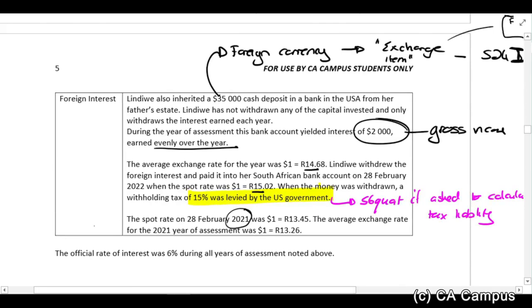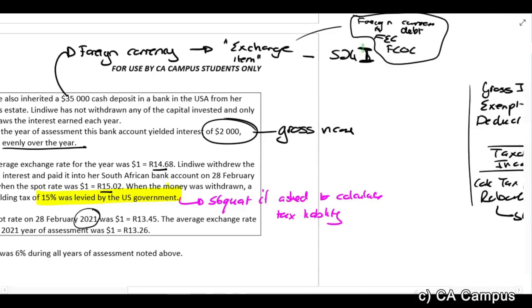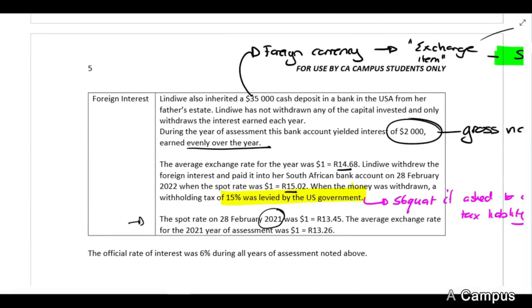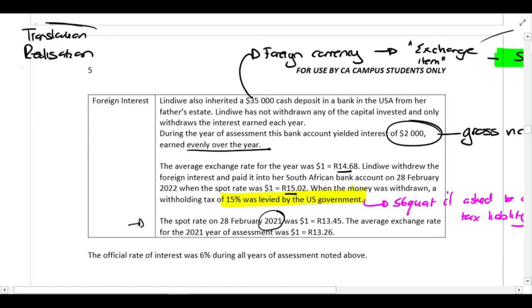Now, this would have triggered me also and should have reminded you about section 24I. So, remember, you have to calculate forex gains and losses on realization date and translation date. Translation date is at the end of the tax year, so you will have to calculate this forex gain and loss.